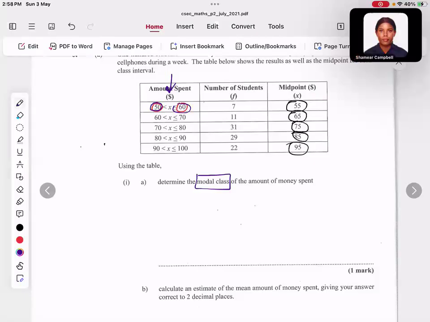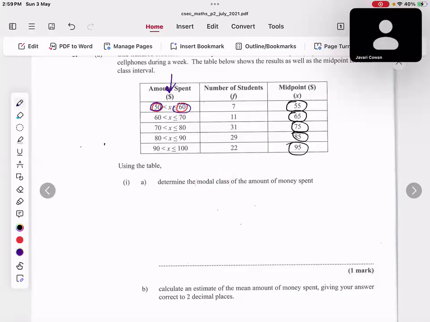Not quite. It's the class that has the highest frequency. So which class has the highest number of students spending money? 90 to 100? No, a bigger number there. 80 to 90? No, 70 to 80. Good.